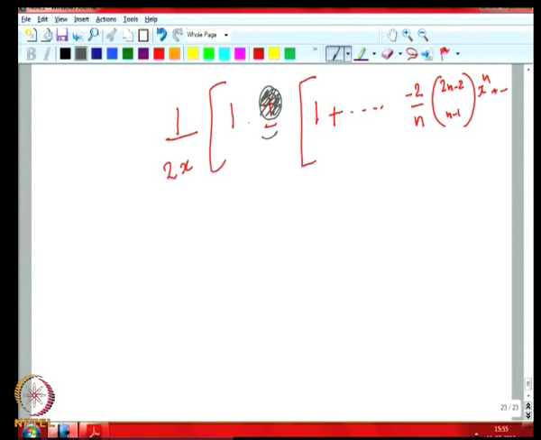So, then what happens, 1 and 1 will cancel, this will read as 1 by 2x into 1 minus 1. So, we will get x, right.